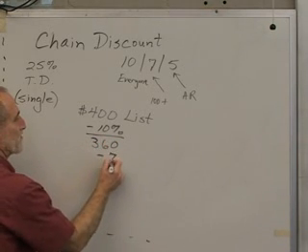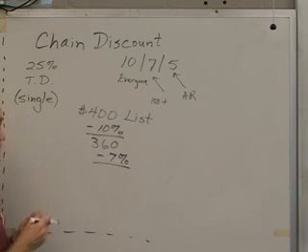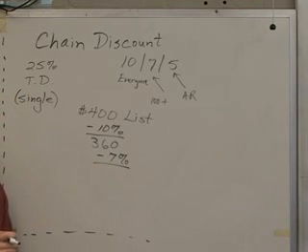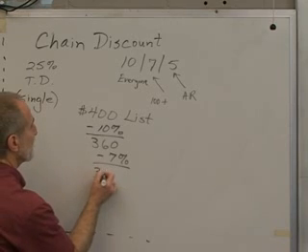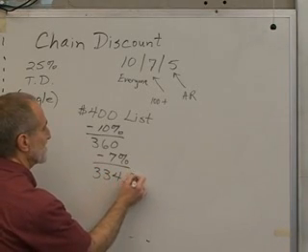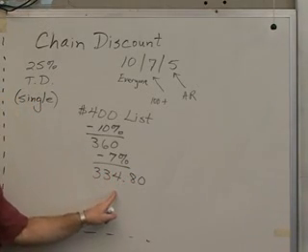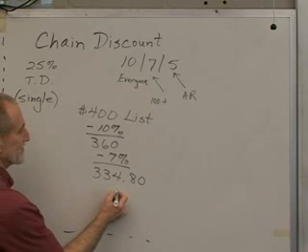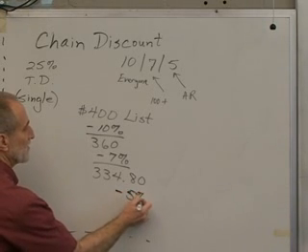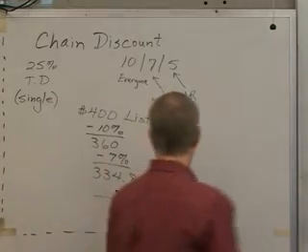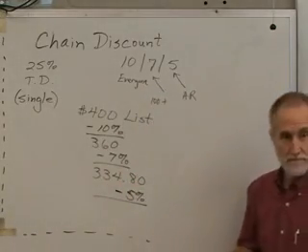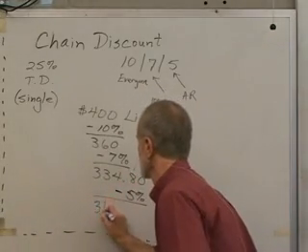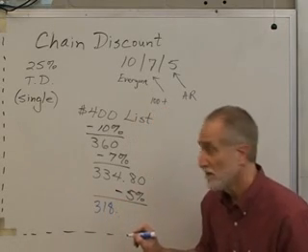Now let's knock 7% off of that. I'm not doing that in my head, so 334.8. Does that sound right to everybody? 334.80. And now let's knock an additional 5% off that. 318.06.